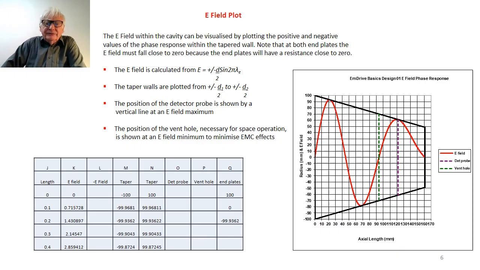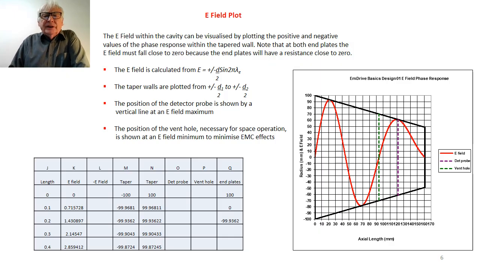To help visualize the design process, we now extend the spreadsheet by a further 8 columns. And what we're doing here is plotting the E field and looking at where we want to position the detector probe and the vent hole for the cavity itself.